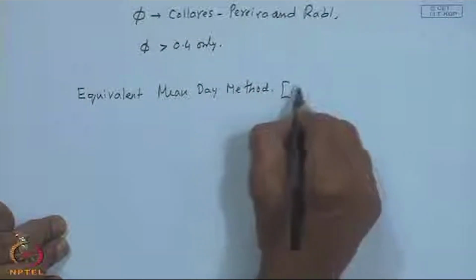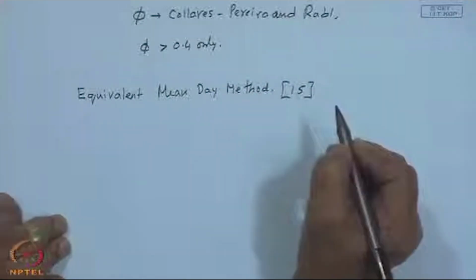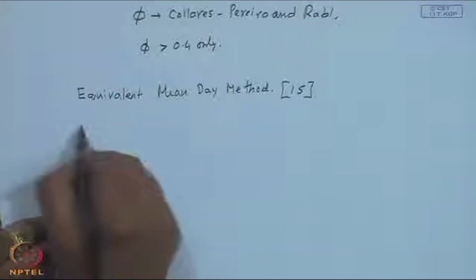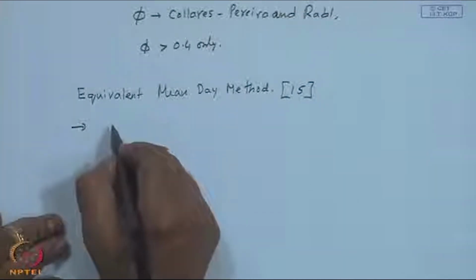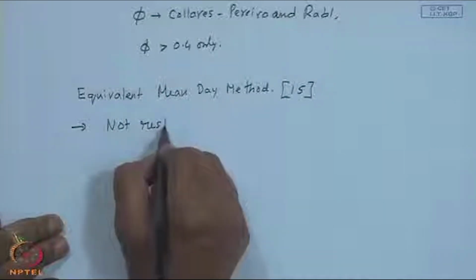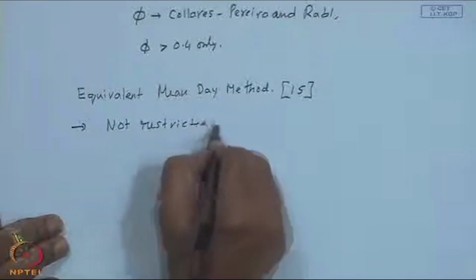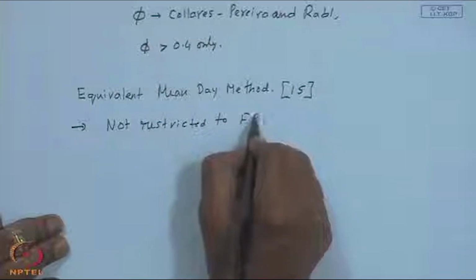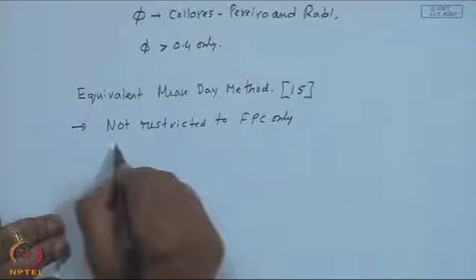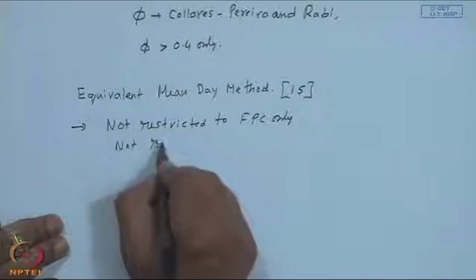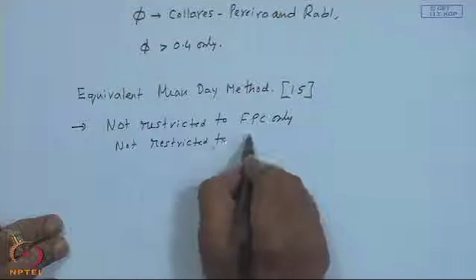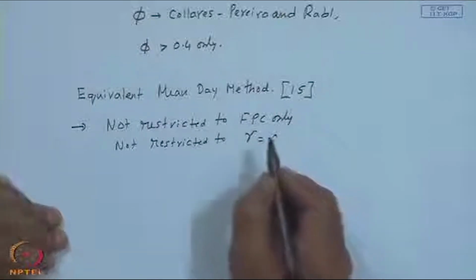This is available in a journal paper, which I have given the reference, and this is the methodology. The working is also not restricted to FPC only, and not restricted to gamma equal to 0.